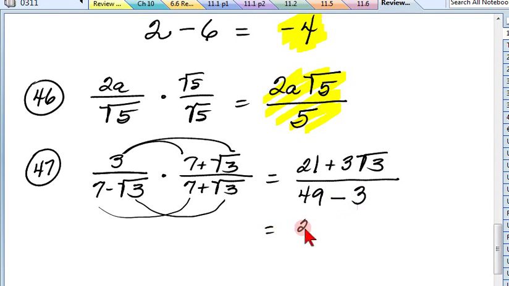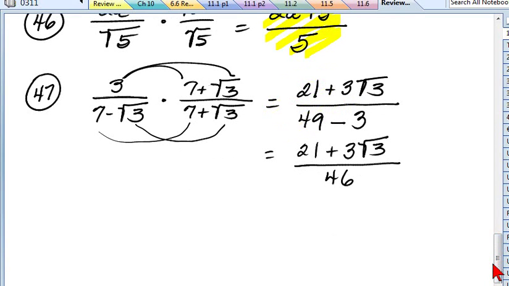This is going to give me 21 plus 3 times the square root of 3 all over 46. I can reduce this if and only if these three numbers have a common factor. And I don't think they do. So, I'm done.